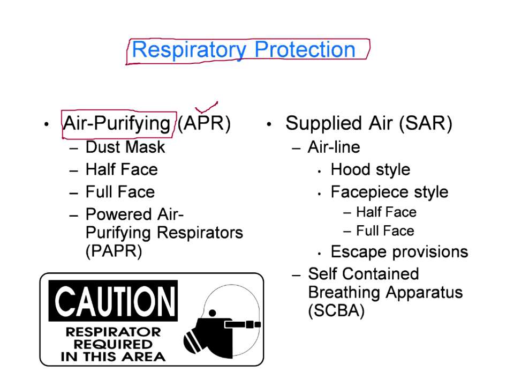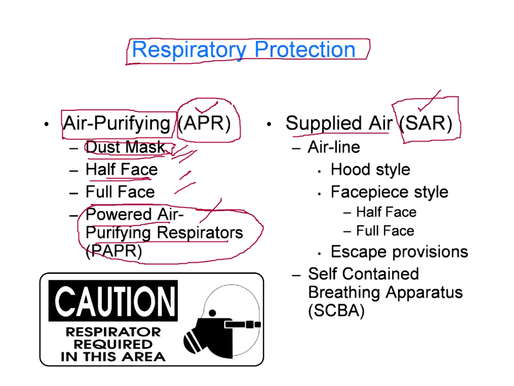So the different types of exposure limits: PEL, TLV, TWA, STEL, in two types: TLV ceiling, PEL ceiling, and skin notation. Then air purifying: we have filters, we have masks. For example, dust masks, half face mask, full face mask, powered air purifying respirators.